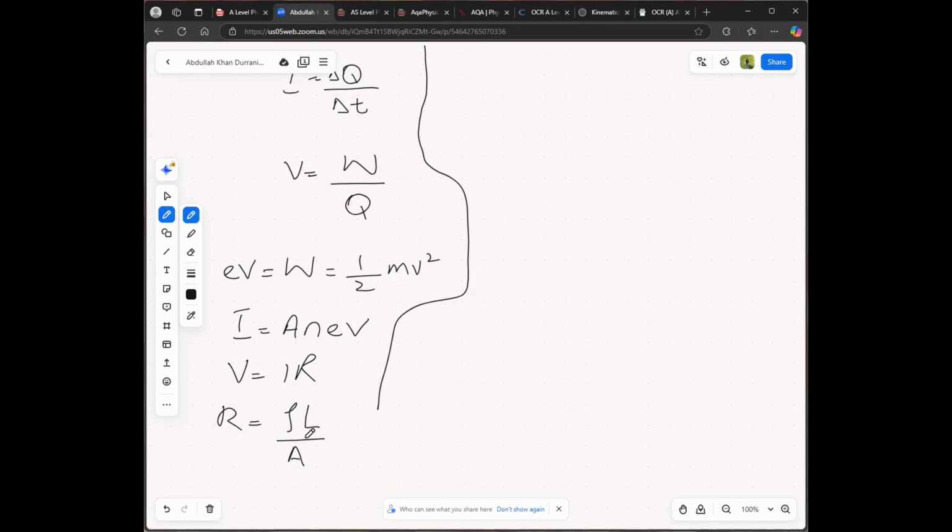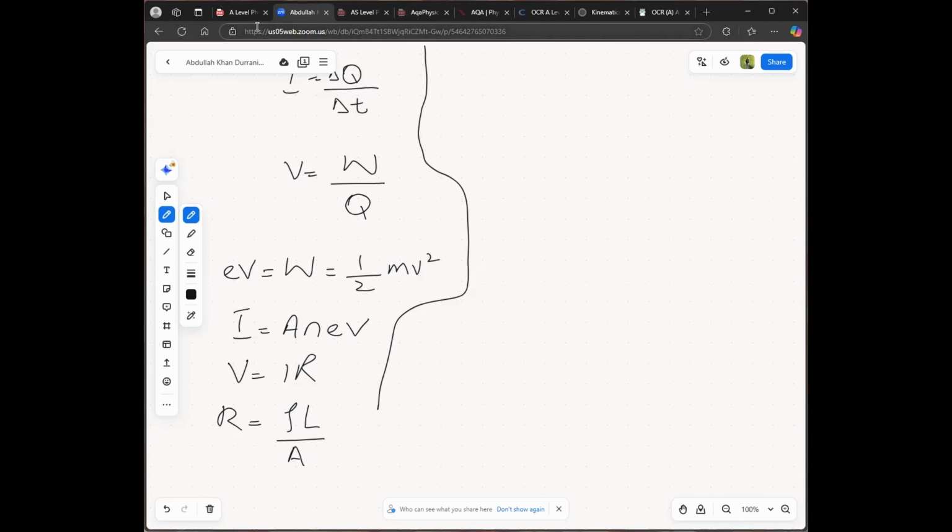If L and A are not changing, because physically it's the same thing if you change the temperature, then it's basically the resistivity that changes. So when the resistivity of that thing changes with temperature, the resistance changes as well. Both of these things change for this equation to hold. That's the reason.